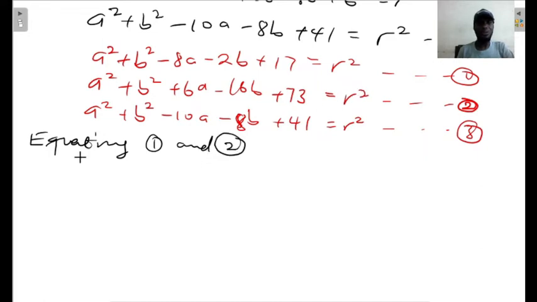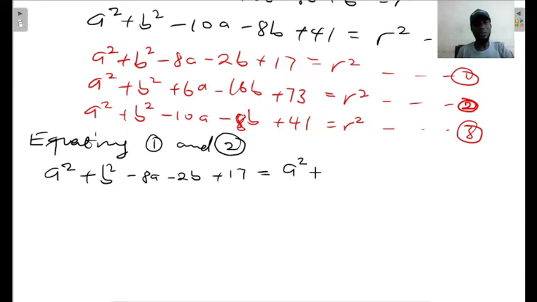because both of them are r squared, meaning that a squared plus b squared minus 8a minus 2b plus 17 will be equal to equation 2, which is a squared plus b squared plus 6a minus 16b plus 73, since each of them equals r squared.